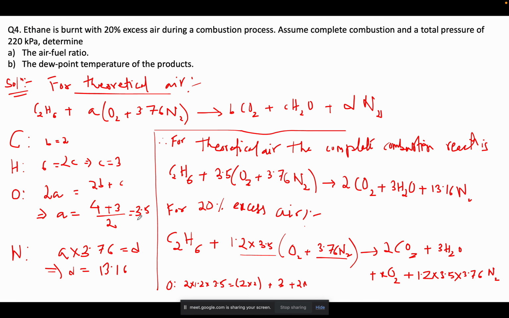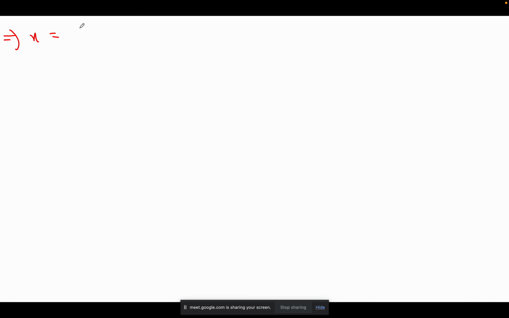So this implies x is equal to what? 1.2 into 3.5 minus 3.5, so x is equal to 0.7.